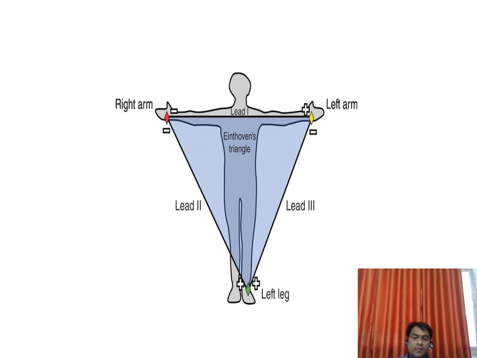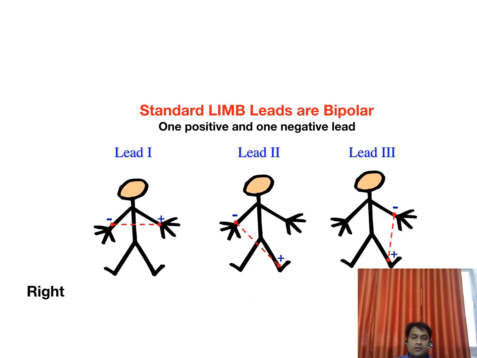These are the bipolar limb leads. So we already discussed the bipolar limb leads, lead 1, lead 2, lead 3.